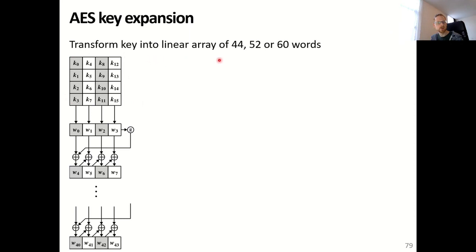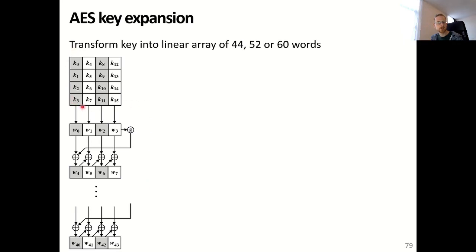This needs to be transformed into a 44-word round key set, each word consisting of 4 bytes. Each subsequent 4 words comprise a single round key. So word 0 to word 3 is the first round key, while word 40 to word 43 is the last round key, so round key number 11.